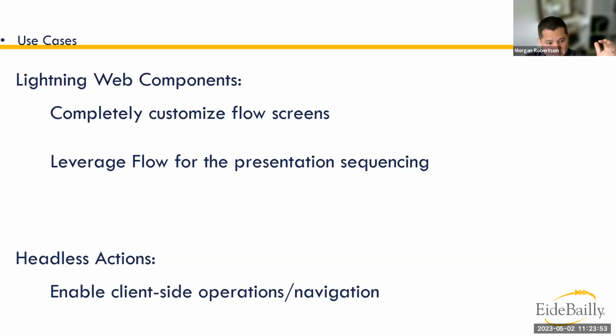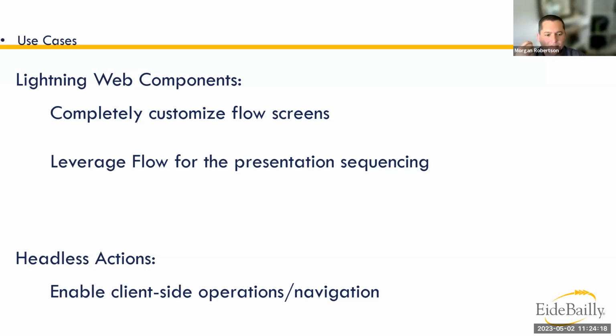I can take that entire real estate of the flow screen and do anything that Lightning Web Components can do. I can scan barcodes. I can hit external APIs. I can do just about anything, right? I can also leverage the Flow's functionality to manage the sequence and ordering.